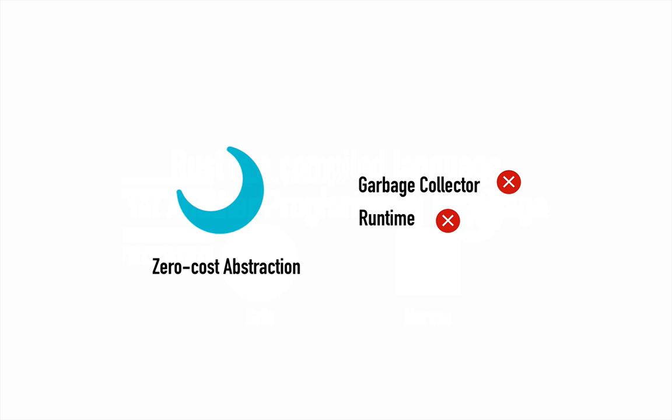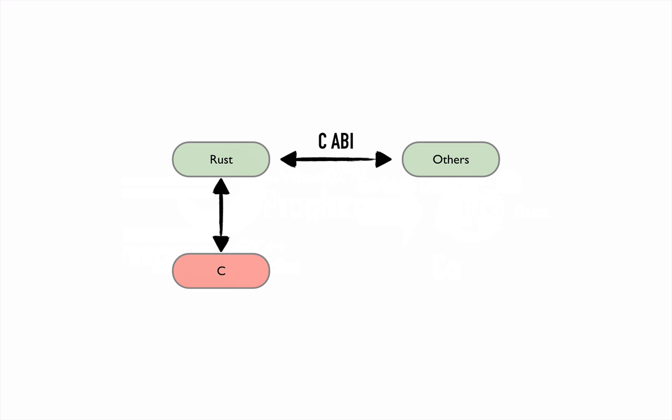The compiler will take care of them, and no runtime or garbage collector is required to support these abstractions. Rust plays well with other languages. Rust interfaces to other languages through the C API at zero cost. You can use a C library in Rust code or use a Rust library in C code.